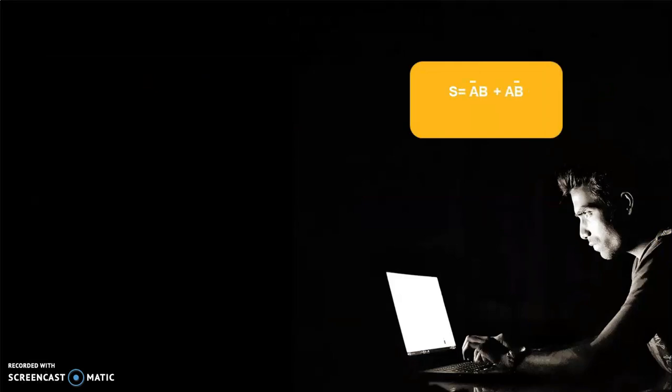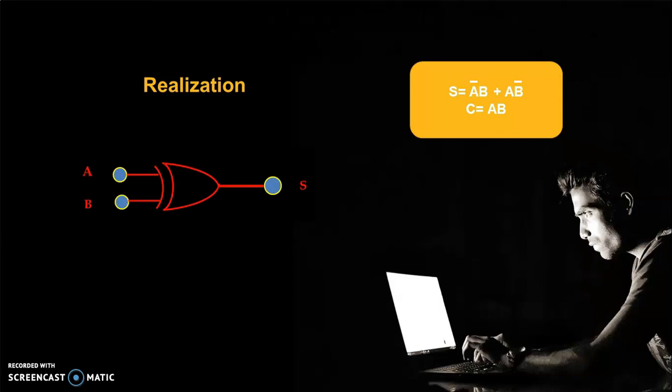So we have our Boolean function, that is S is equal to A bar B plus AB bar, and C, that is for the carry, that is AB. Now one is exclusive OR gate and for carry it is AND gate. So now we can realize our logic circuit. We have exclusive OR gate, we have two inputs A and B, and output that is the sum or summation.